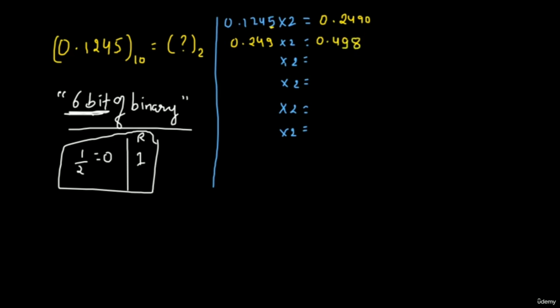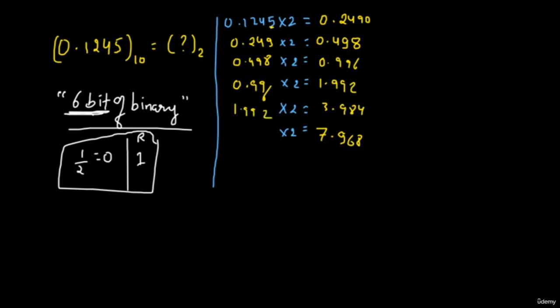That gives 0.498, then 0.498 again gives us 0.996, and then 1.992, and then 3.984, and then 7.968. And you know what we are going to put here: 0.996, and in this case 1.992, and in this case 3.984, and that's the thing.